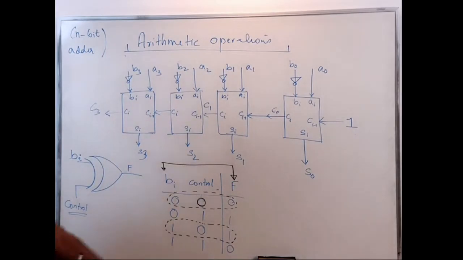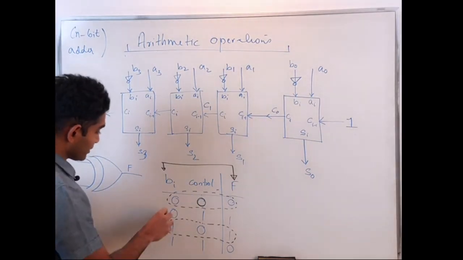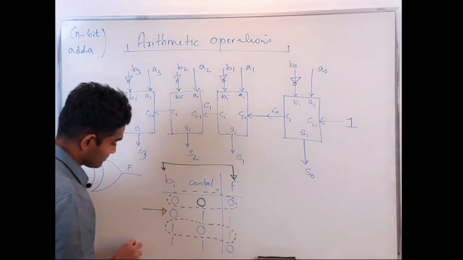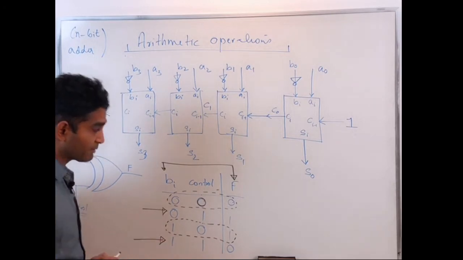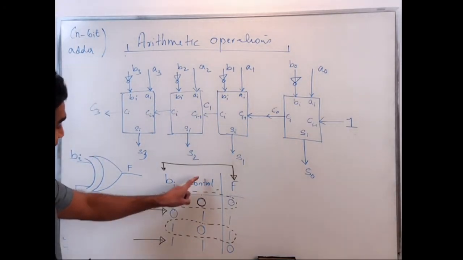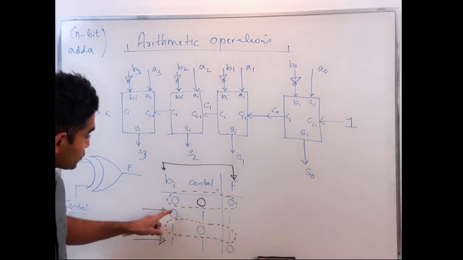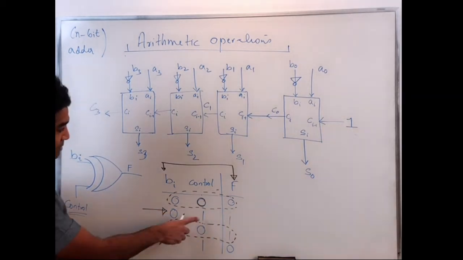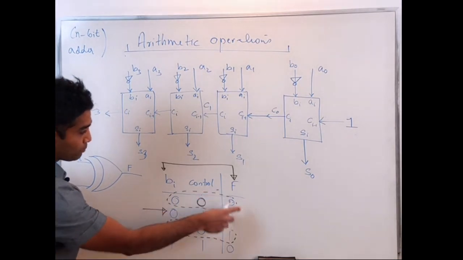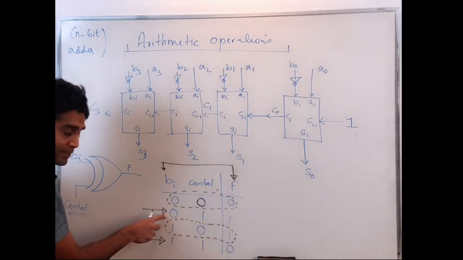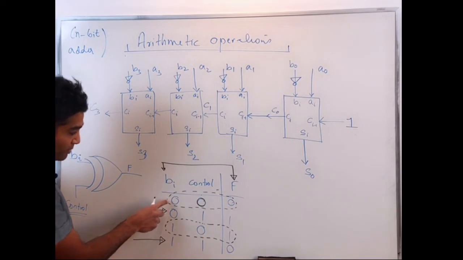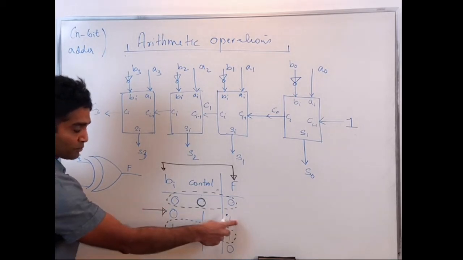What happens when the control is 1? It happens in these two circumstances. If I place a 1 on my control, what is happening to the output with respect to BI? The control is 1, my output is the inverted version of BI. My BI is 0, output is 1.